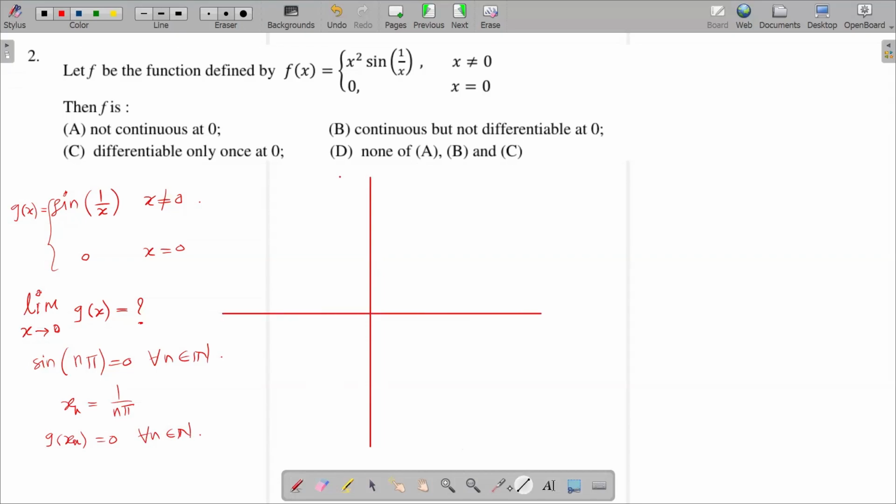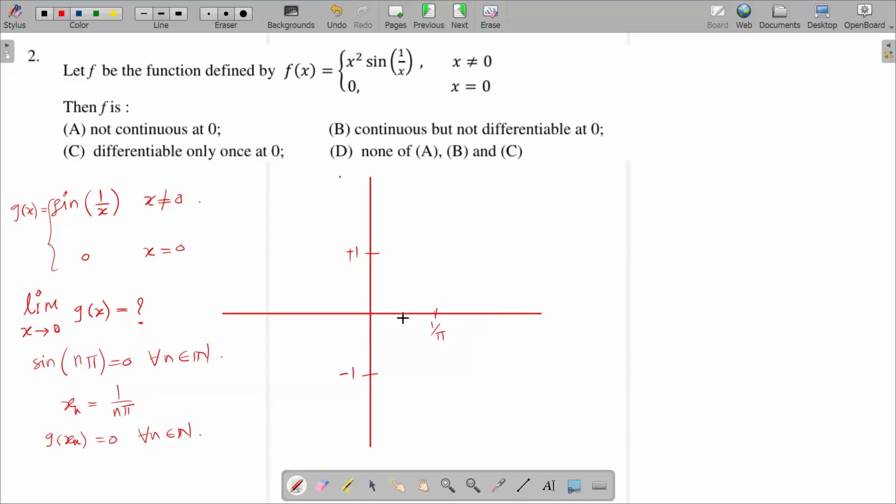Okay. So if I try to draw the graph, what is going to happen to the graph is, let me have this as +1 and -1. Now if you see n equal to 1, then somewhere here I do have 1 by pi.